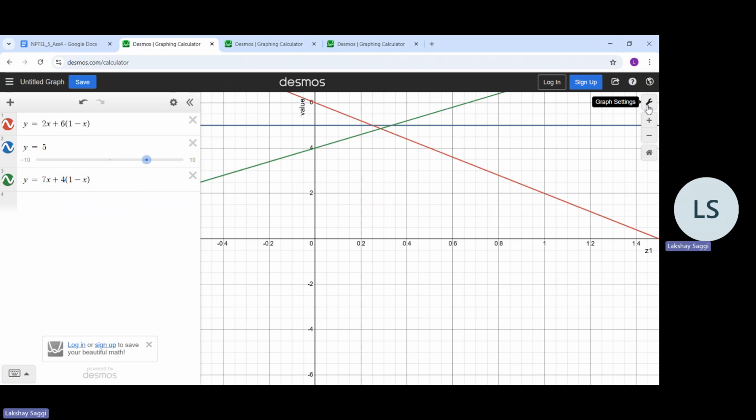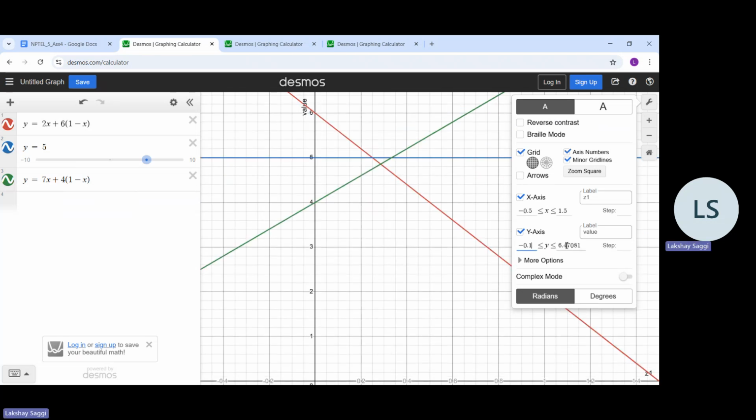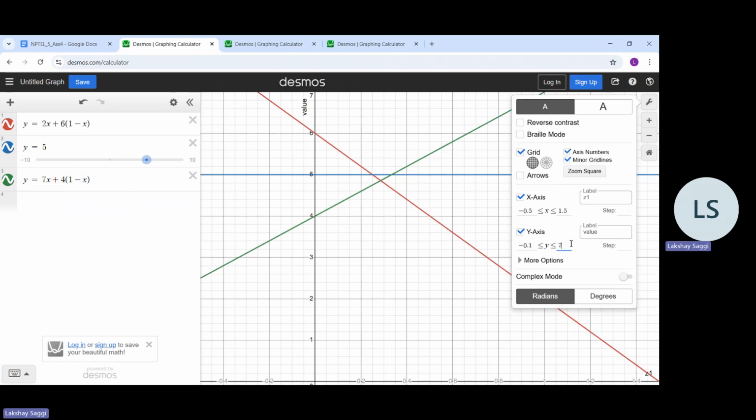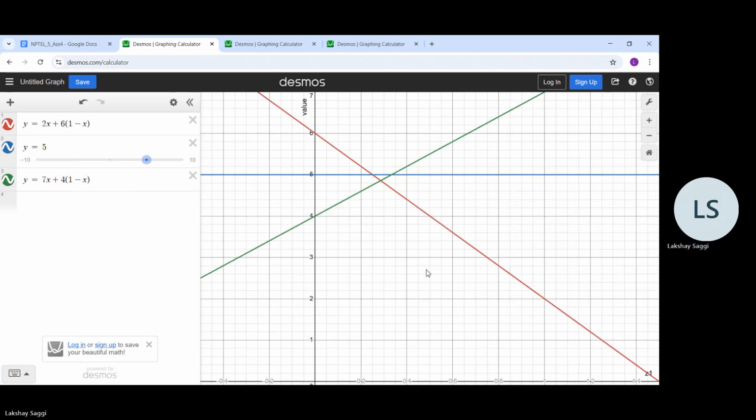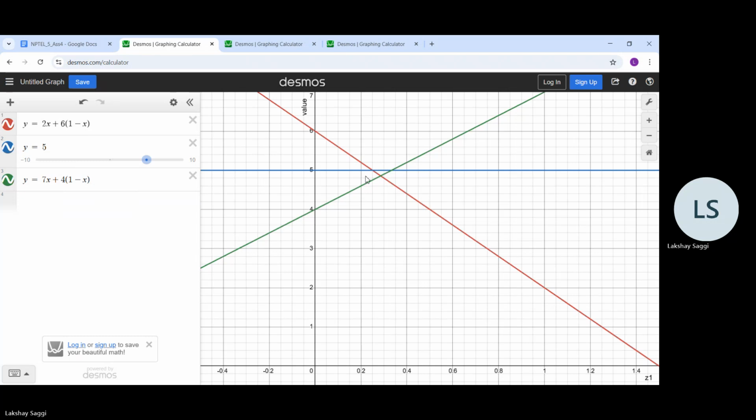I can maybe change the values of the y-axis so that it's a bit better. Okay, I hope this is better now; it's visually more appealing. We are only concerned with the interval where Z1 goes from 0 to 1, and here we are talking about the column player.